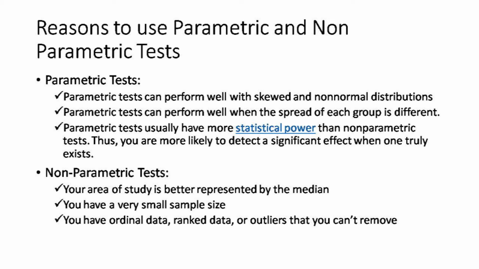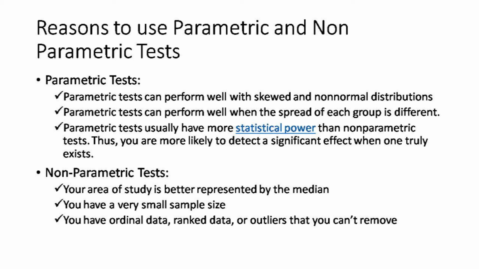So let's go on to the reasons to use parametric and non-parametric tests. Parametric tests can be performed well with skewed non-normal distributions provided we have a sample size greater than 30, because in that case, even if the distribution is non-normal, the sampling distribution, because of CLT, that is central limit theorem, can be approximated to normal distribution.